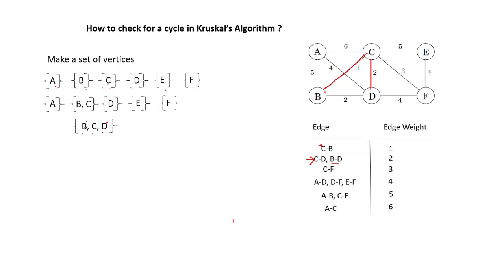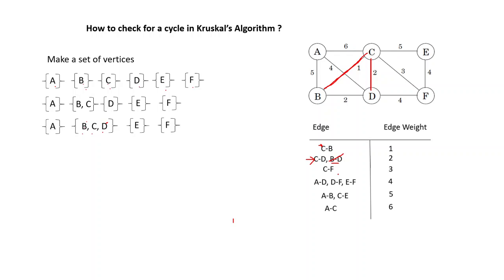So the path from B to D in this current diagram will be D, C and B. Now if you add another edge, that is, if you are trying to add this BD again, that will mean that you are getting a cycle. You are adding another path and that is going to form a cycle. So we don't add BD.